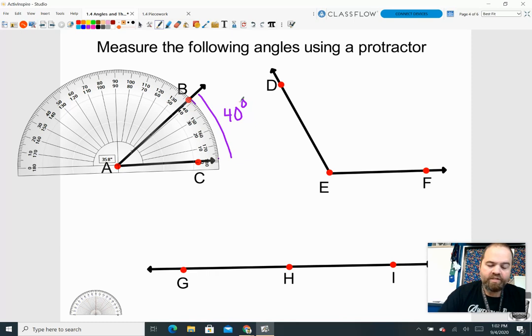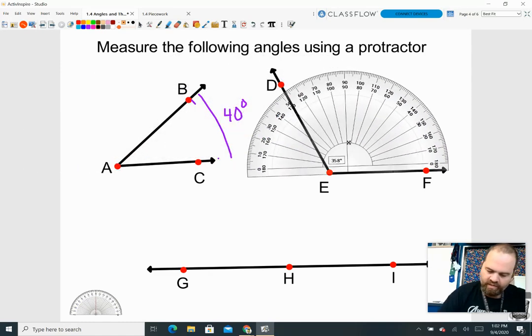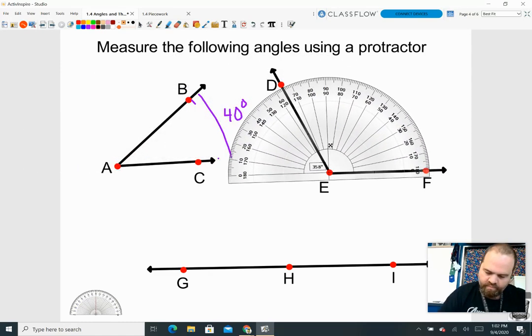But pay attention. The bigger angles are going to use the bigger numbers. Let's slide this over here and take a look at this angle. This one appears to be, again, I'm going to use the lower numbers here. I would say that that's 115 degrees.